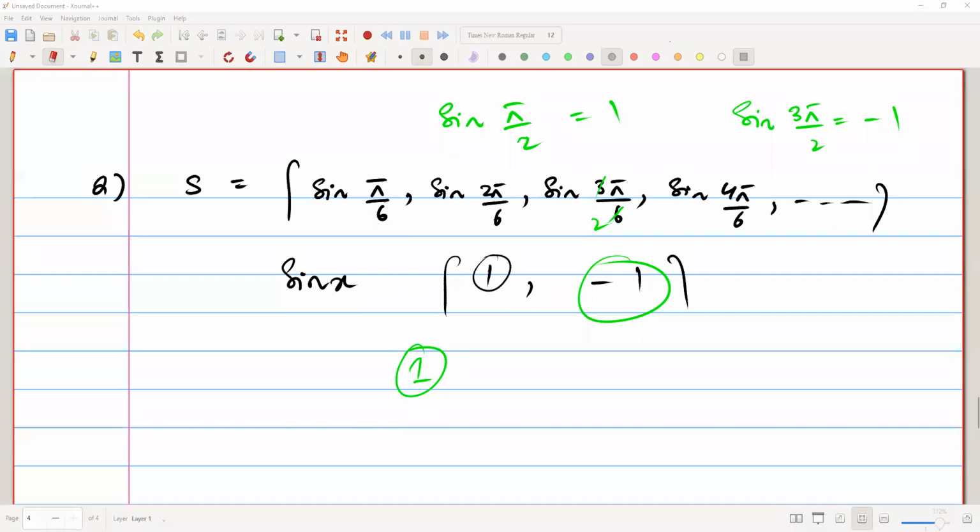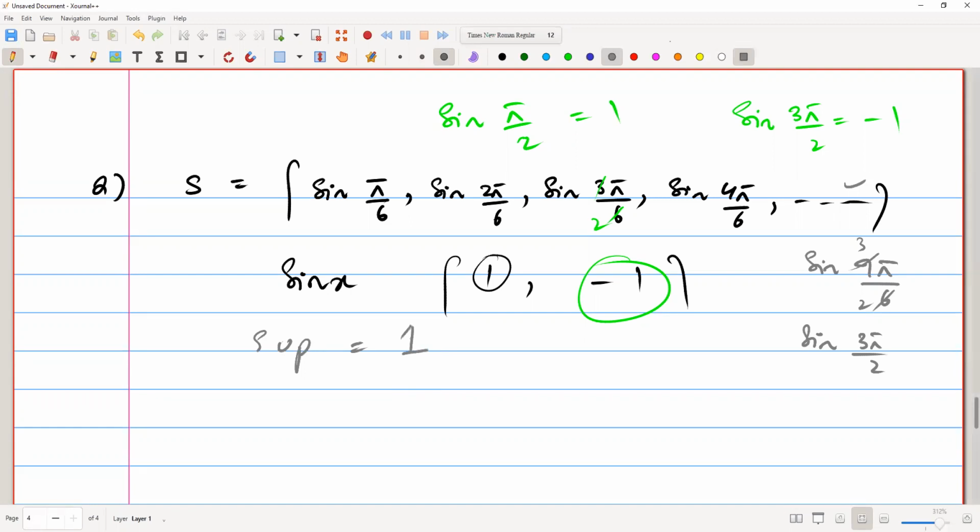So we have sine 9 pi over 6 somewhere here, so we will have sine 3 pi over 2, and we will get -1, and it cannot go lesser than -1, because sine is bounded between 1 and -1, and both 1 and -1 belong to the set. So this set is bounded, and the supremum, or least upper bound, is 1, and the infimum, or greatest lower bound, is -1 for this set.